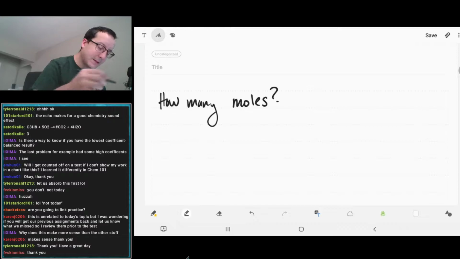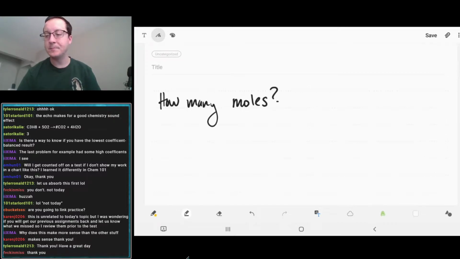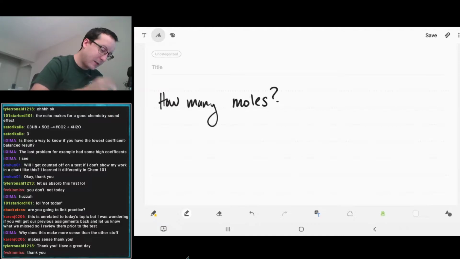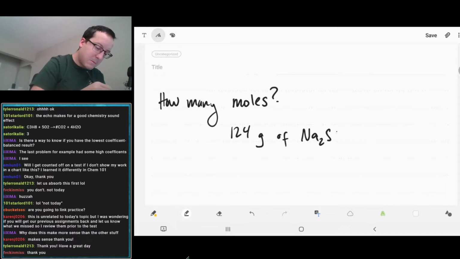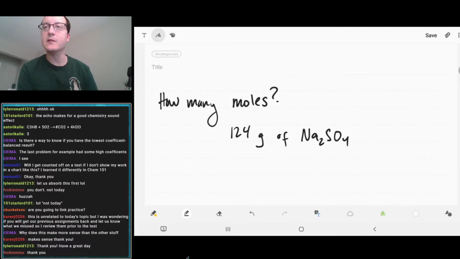So let's say 124 grams of sodium sulfate. We'll learn how to name those compounds later. But for right now, remember we're going to want to calculate the molar mass of the compound and use that to figure out the number of moles here. So go ahead, do it.